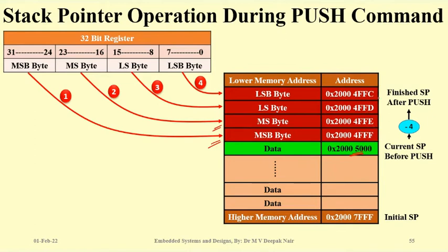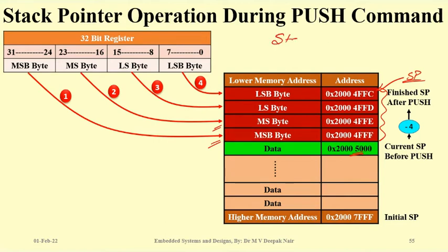So after one push operation, 4 registers are occupied by the data which you have pushed into the memory, and this is the new stack pointer address. Remember, the stack always grows towards lower memory addresses.